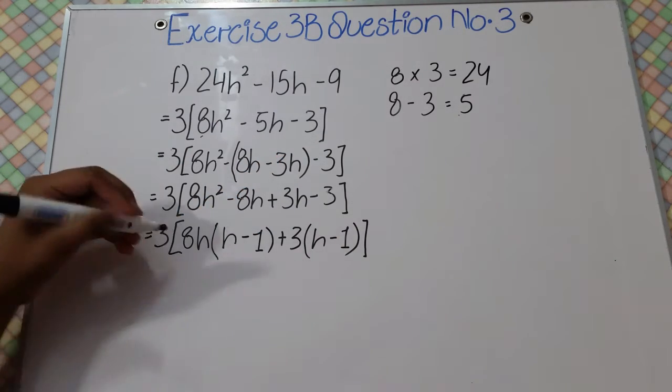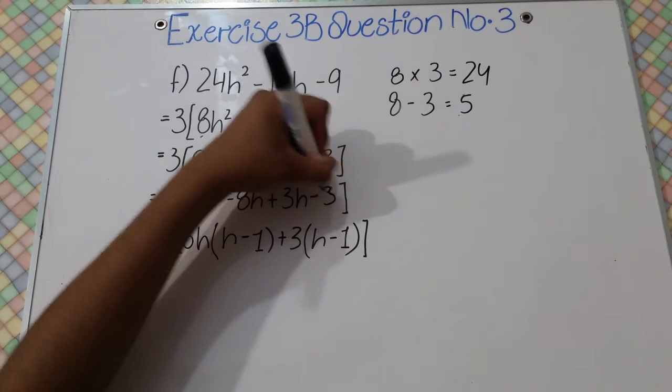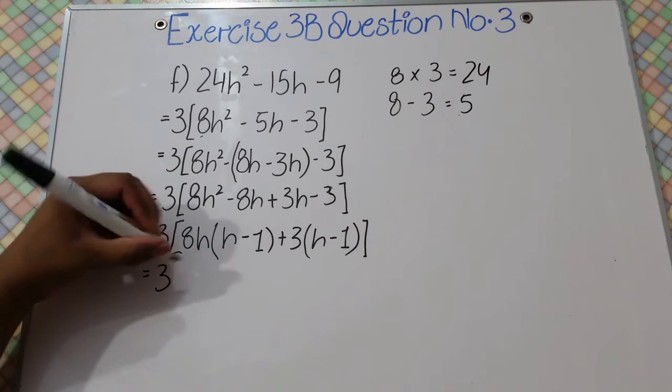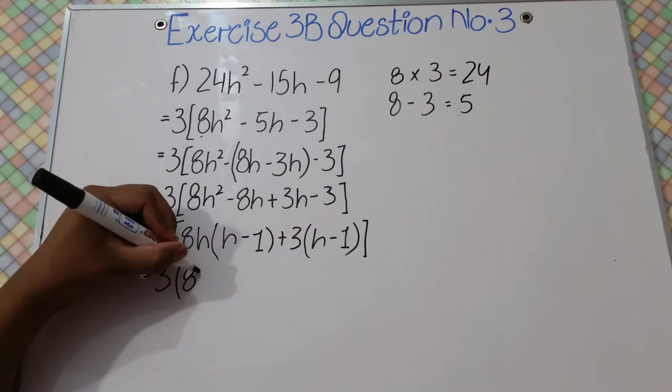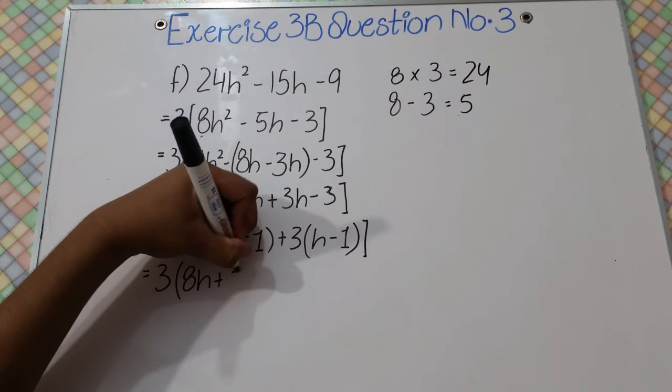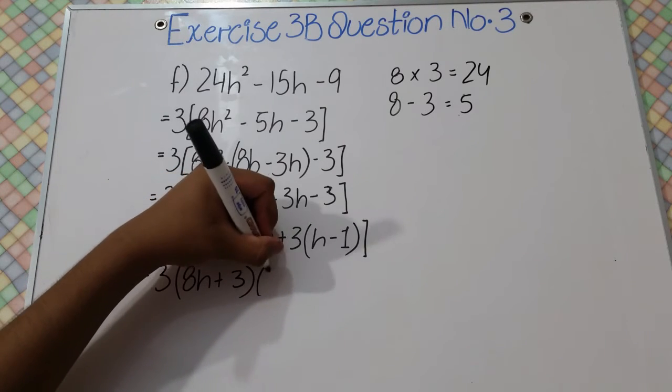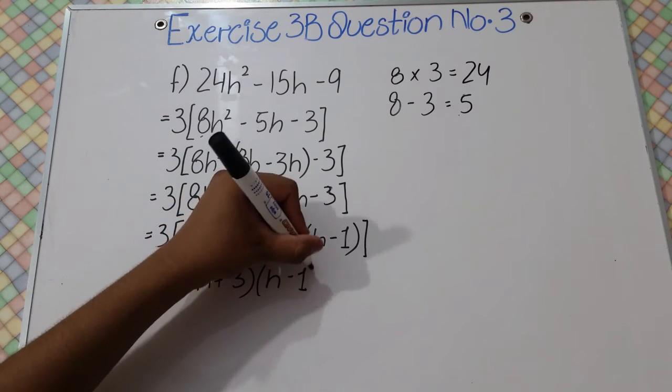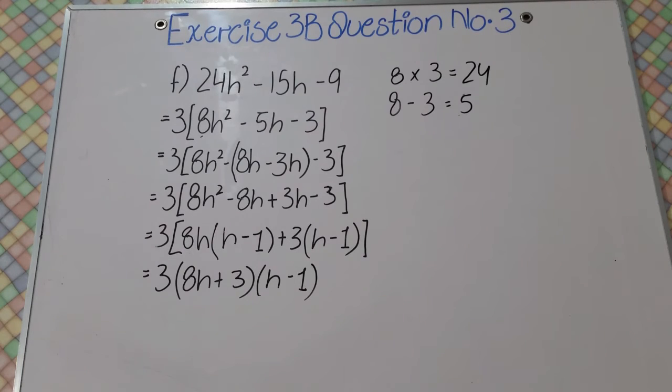So these two brackets are the same, means we are correct. And now 3, 1 time 8h plus 3, 1 time h minus 1. So this was part F.